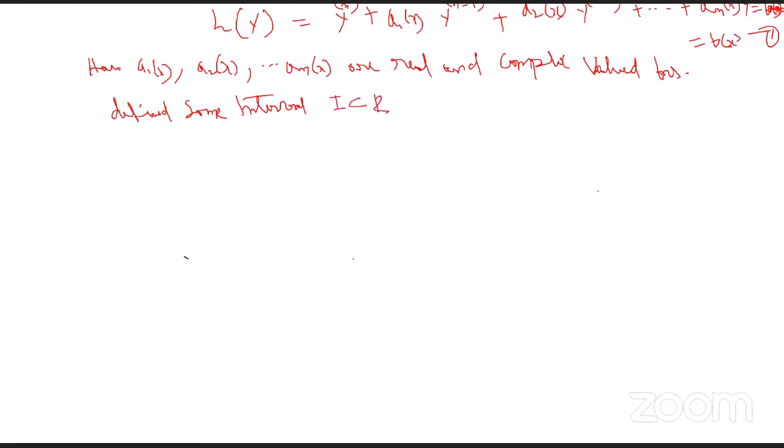If b(x) equals 0, then L of y equals 0 is a homogeneous equation.